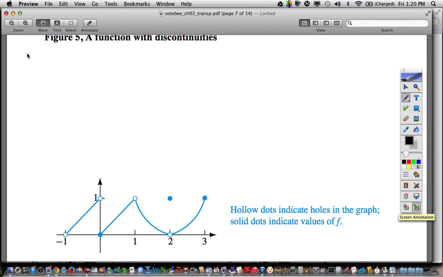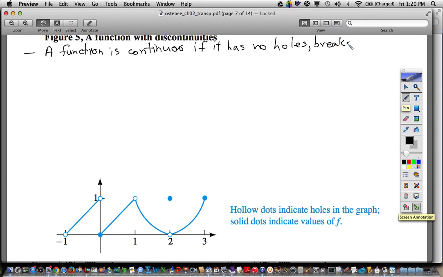All right, so I'm going to give you two things. The informal version first. A function is continuous if it has no holes, breaks, or jumps.